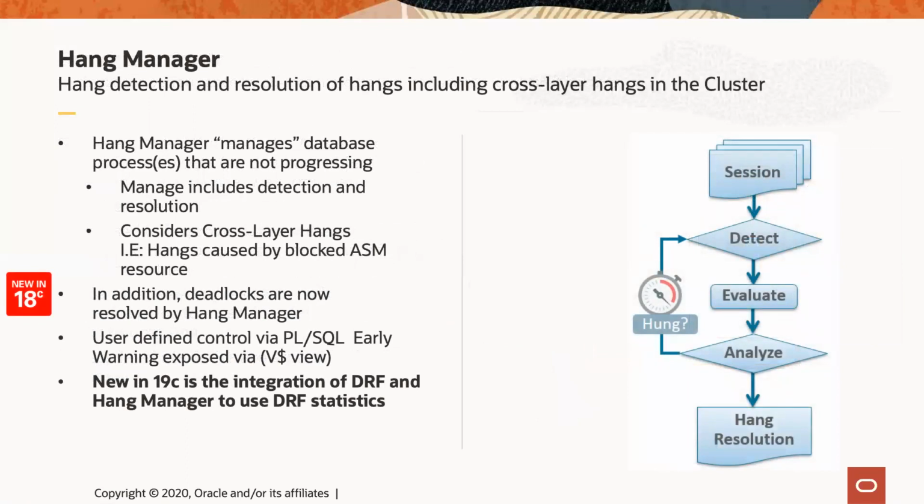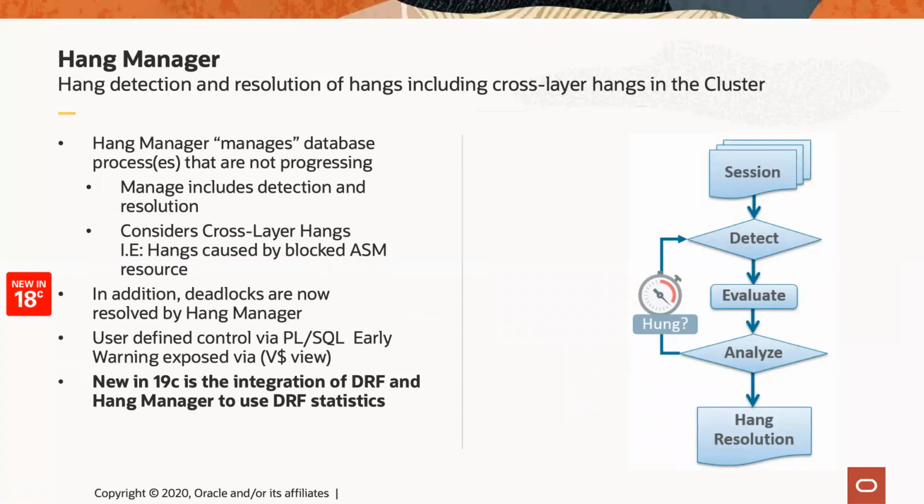Hang Manager is one of those unique features that I can pretty much claim nobody else has. Remember, Hang Manager is not only detecting a hang, but also providing what we call hang resolution. This includes application hangs.